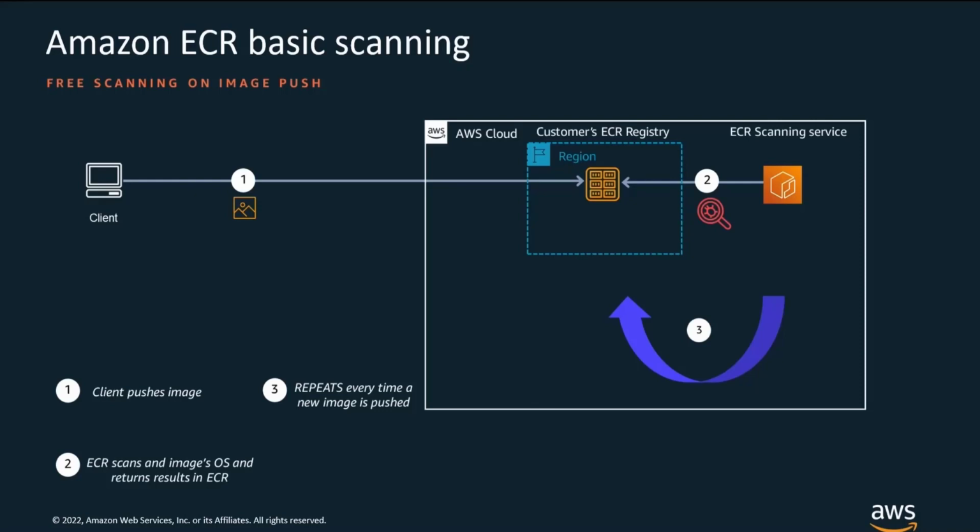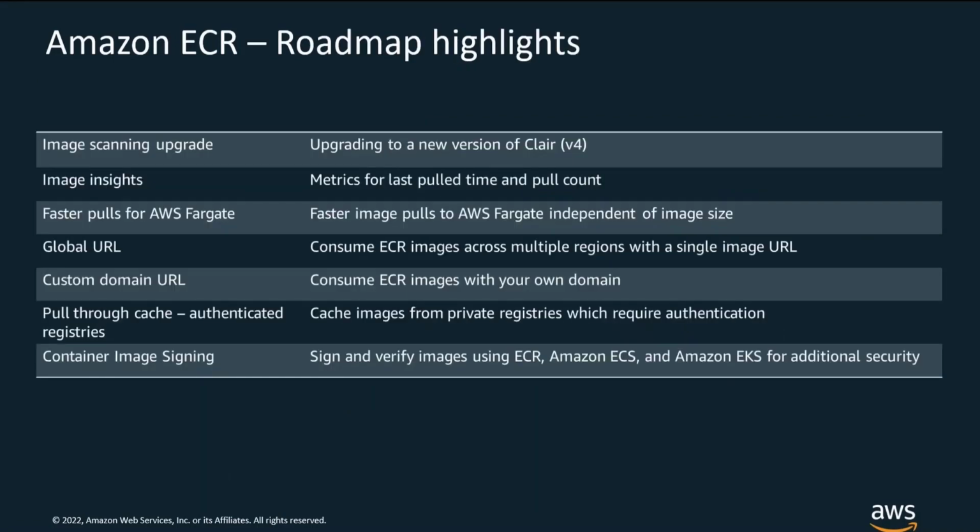And this repeats every time a new image is pushed. And it uses Clair as a scanning engine behind the scenes, which we have documented in ECR documentation. And one of the roadmap highlights is to upgrade that version of Clair to version 4.